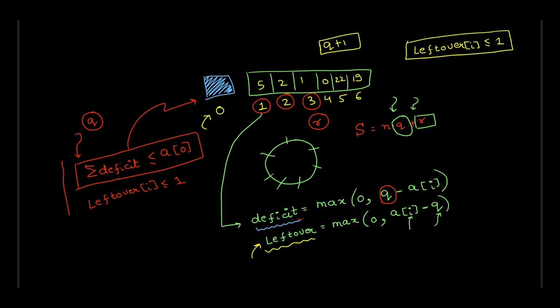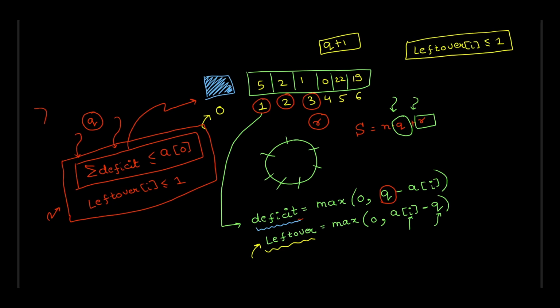So we have identified these two as the necessary conditions for a permutation to be valid. In fact, for this, you don't even take the permutation into the picture. If this condition is not satisfied, then no permutation can exist, because no matter what you create, some boxes will have some extra balls.